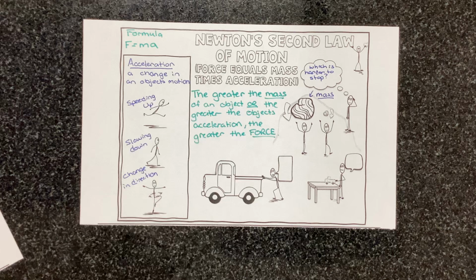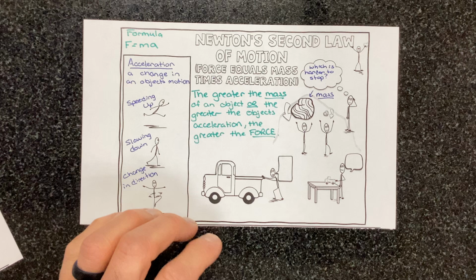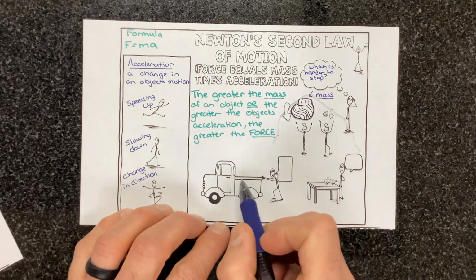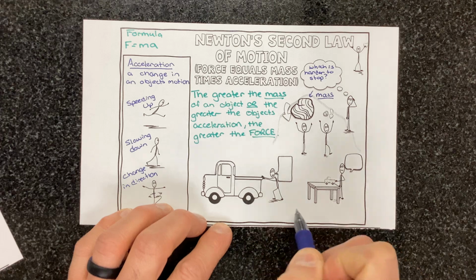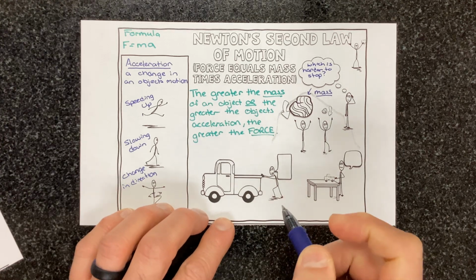Let's look at another way that mass can affect these things. Trying to get the acceleration of something up. We all remember being little kids and taking our Matchbox cars and pushing them across the ground and inevitably hitting some poor parent as they walk through the kitchen. They get a little Matchbox car rammed into their foot. If we look at these two different situations, we got a guy with a Matchbox car and then a guy over here with a large truck.